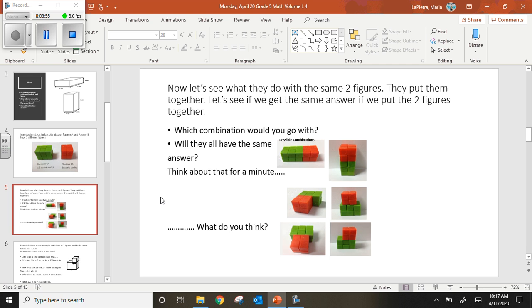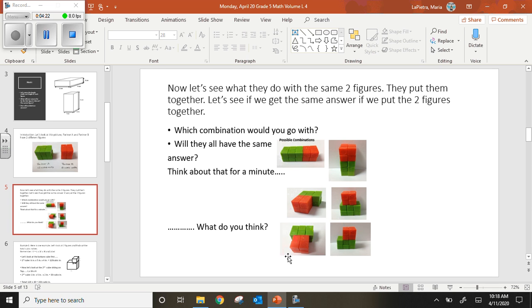Well, if you said they do, then you're right, because student A had 12, student B had 8. All they're doing is putting them together. It can look like this. It can look like this, going up vertically, up and down. Look at this one. They put it side to side like that. Or they put this block right on top of the other block.